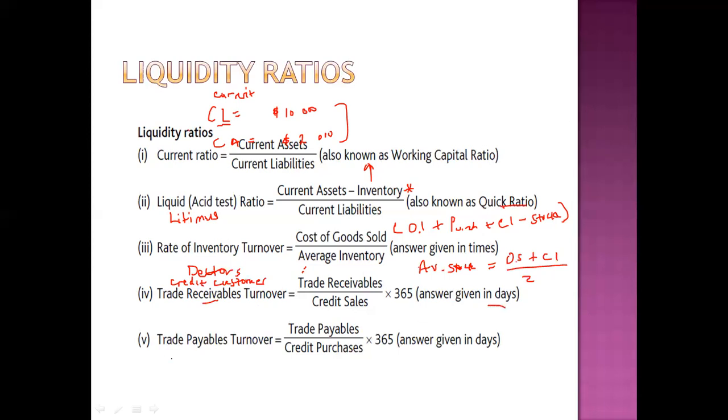Then the last one that we need to do is the trade payable turnover, which is trade payables over credit purchases. Remember, it's credit purchases; here it's credit sales. The answer is given in days. We multiply by 365. So far, these are the formulas that you are supposed to learn by heart, and you also need to use them to comment on the liquidity of the business given in an examination.